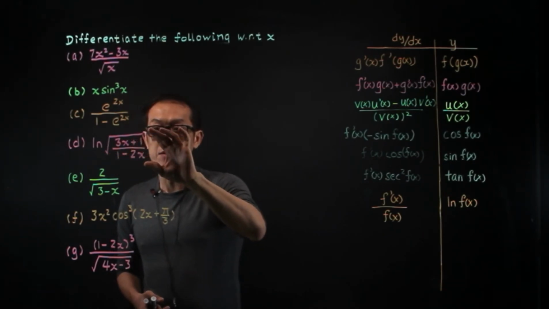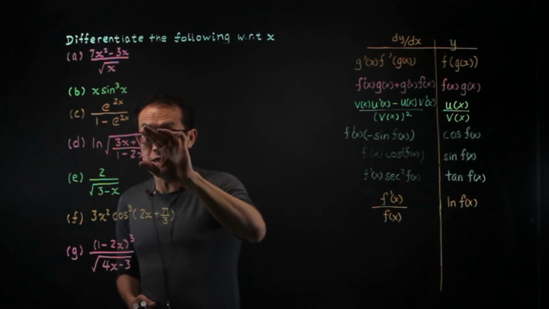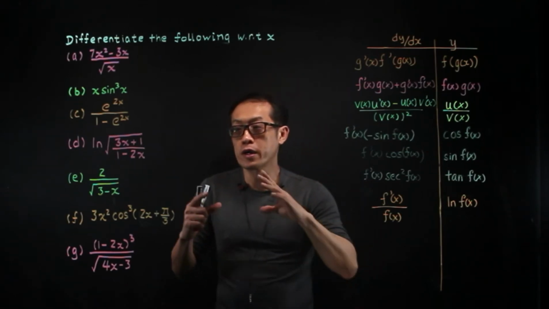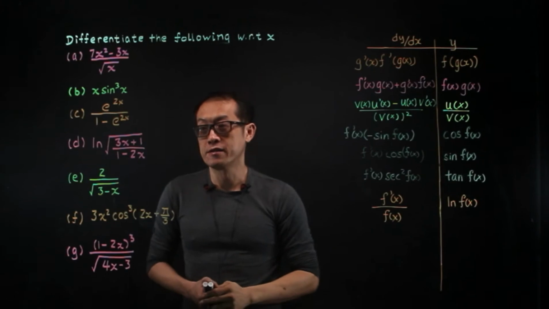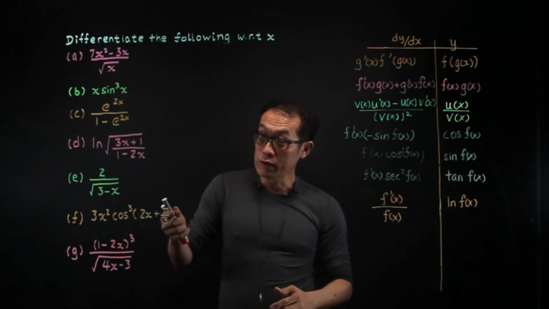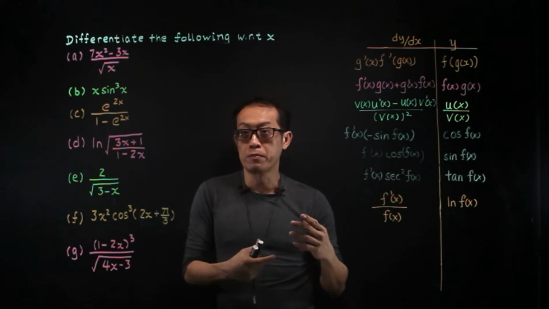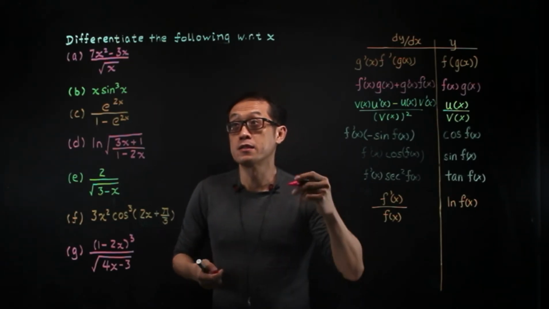Then after that, you need to differentiate the inside using quotient rule. Now, not that you cannot do that, but it's going to be very, very complicated. Now, when you see a ln or a log, sometimes we can make use of the properties of log to help us. Now, let us begin.